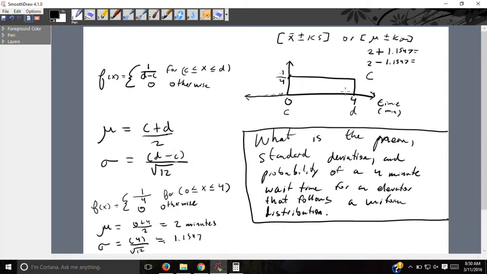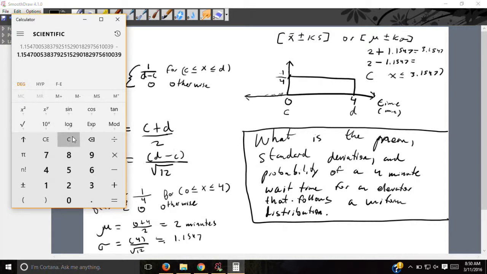So the probability, my upper and lower bounds, let's see. I know that my upper bound will be 3.1547. And my lower bound, I'm not quite sure what 2 minus 1.1547 is off the top of my head. It is 0.8453.